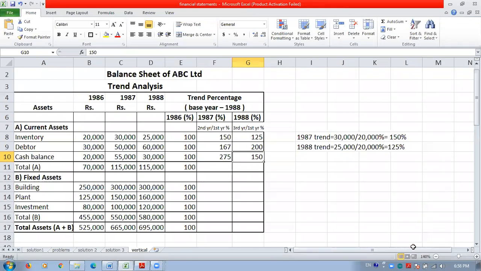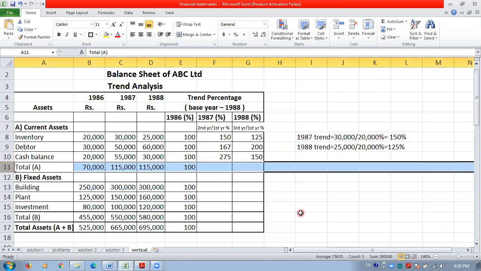For total current assets, what will be the answer for total current assets? Okay. Tell me for current assets now. Total of A. All are right. But now tell me for total of A the trend.